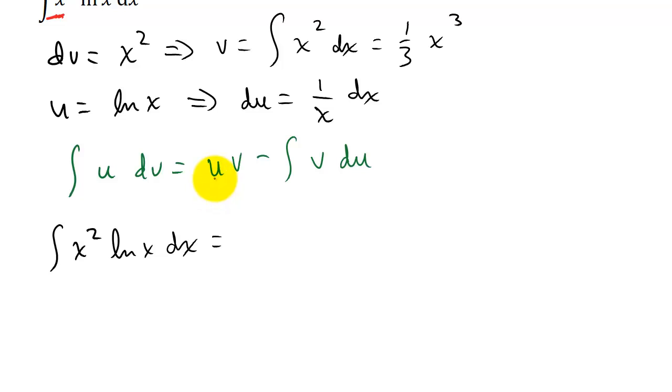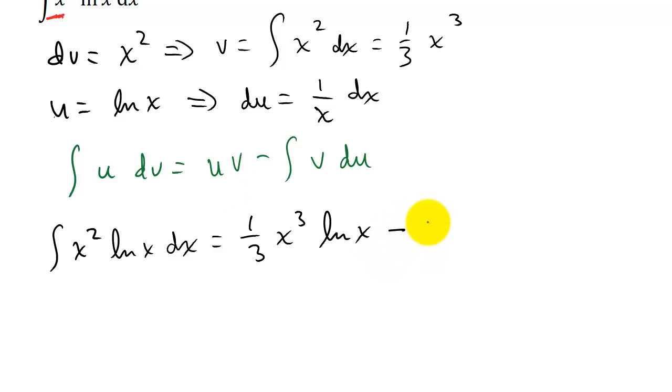That's going to be u, which in this case is natural log x, times v, and in this case v is 1/3 x cubed. So that's, and what I'm going to do here, the u times v, I'm going to put the 1/3 x cubed first, and then times natural log x. Okay, so u times v, same thing as v times u.